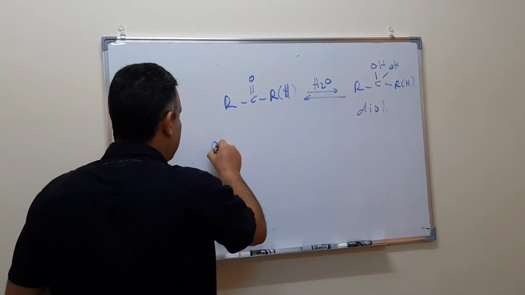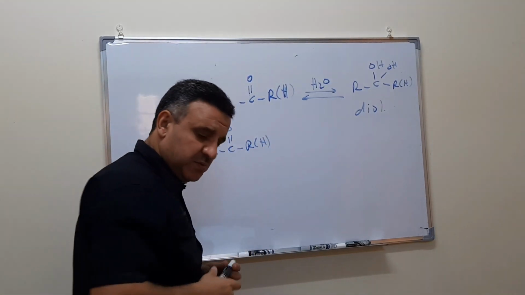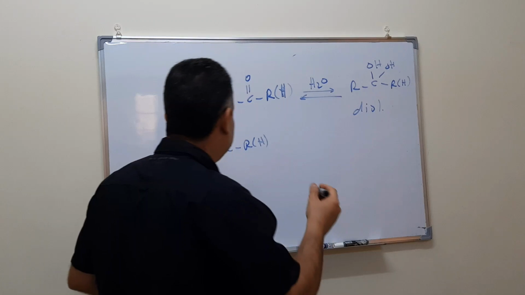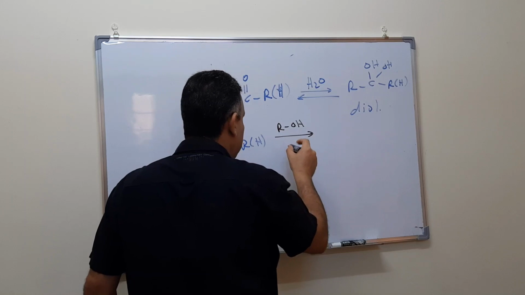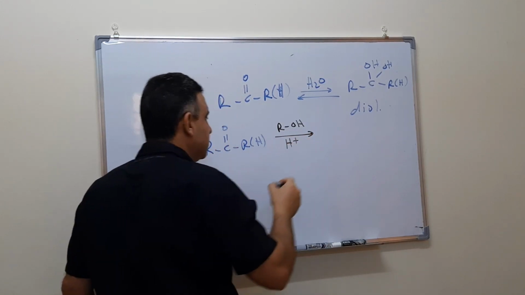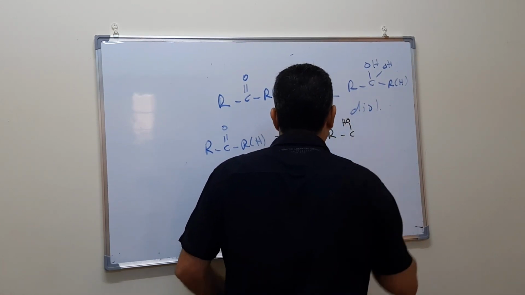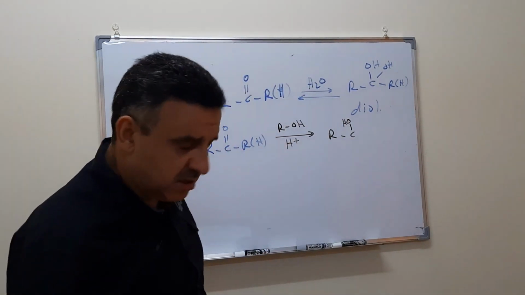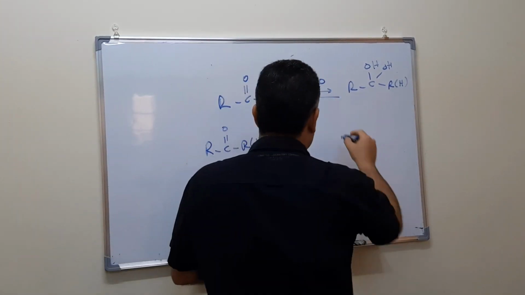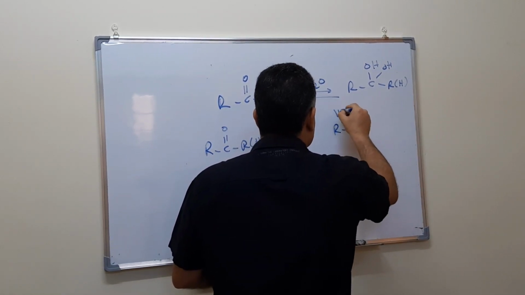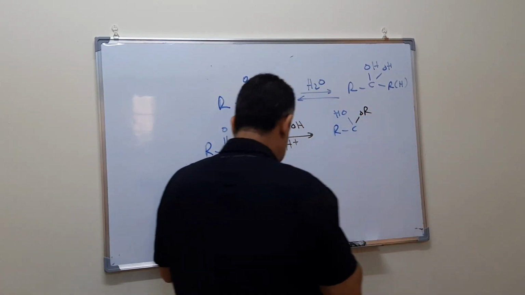So, in principle, if we have aldehyde or ketone, and we allow it to react with, I'm just going to use a different color for the alcohol now, 1 mole of alcohol in the presence of H plus as a catalyst, what we are going to get is the addition of the alcohol, and in this case, C, OH, and then OR.